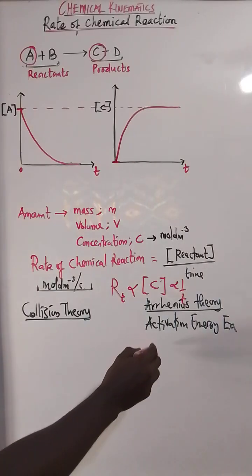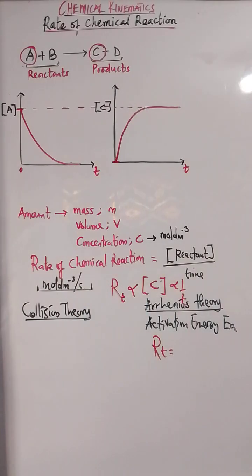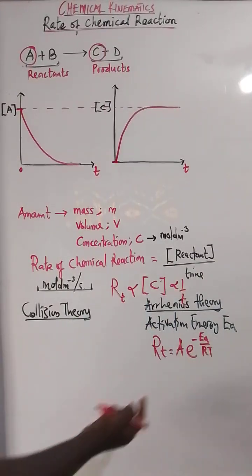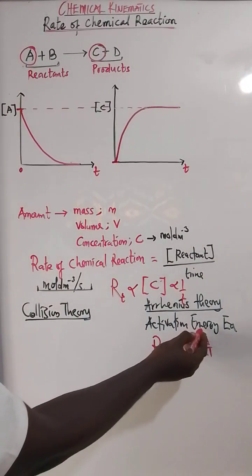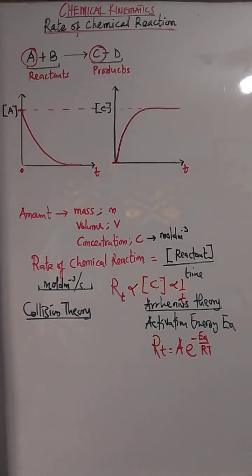It went further to give us the relationship between the kinetic energy, the rate of chemical reaction, and activation energy as this. This is the molar gas constant from the gas law. This is absolute temperature, and this is activation energy. This is the rate of chemical reaction, and the letter A stands for the pre-exponential factor, or we call it the collision factor. So A is the collision factor.